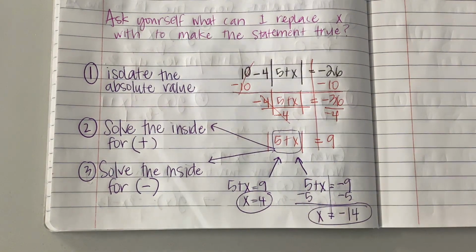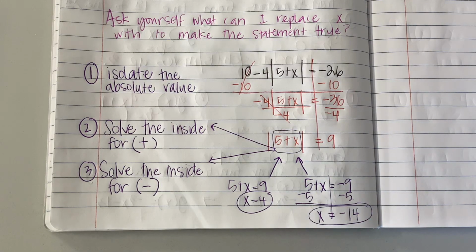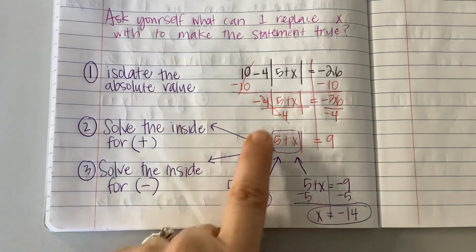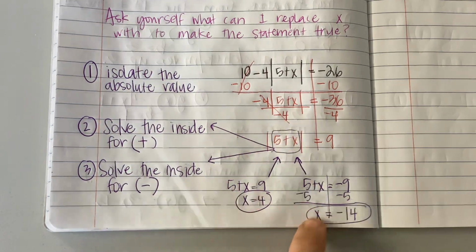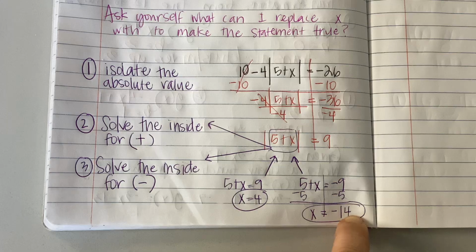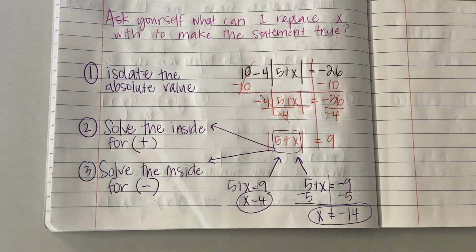They're not always going to be the same. You have to solve it twice. There are 2 ways of getting an absolute value of 9. 5 plus 4 and 5 plus negative 14. Both result in an absolute value of 9.